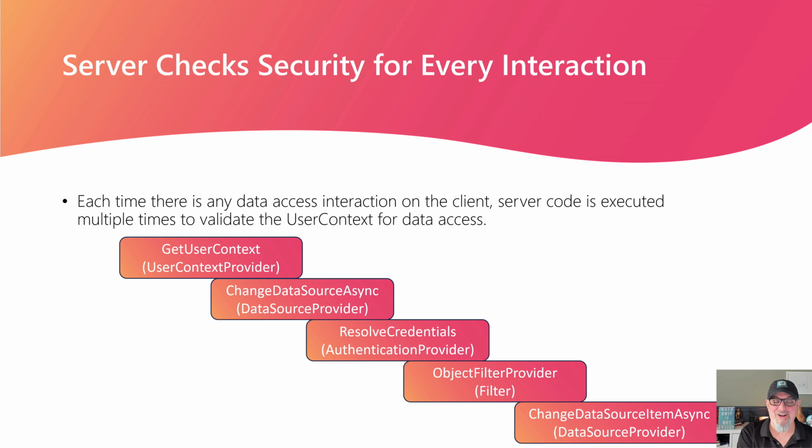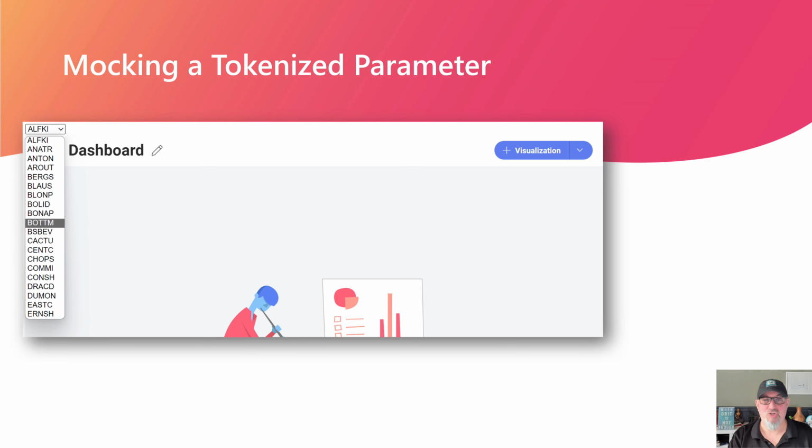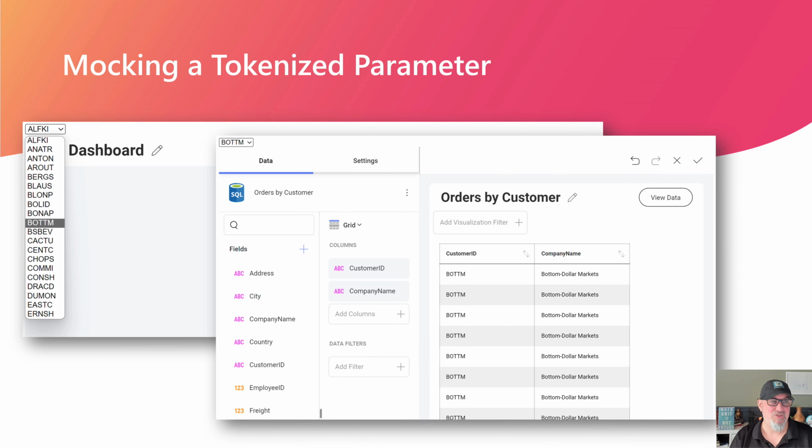So if you are a customer, you're very familiar with the way all of this works in the flow of the server execution. If you're new, this is a very simple way that Reveal enables secure data access to your back end. So in my examples today, I'm sort of mocking this tokenized parameter-based searches.